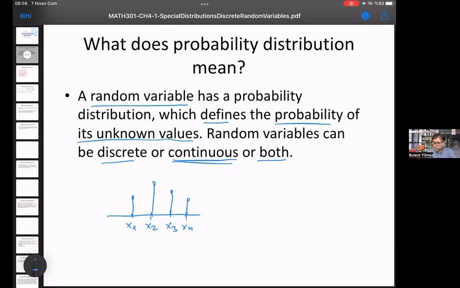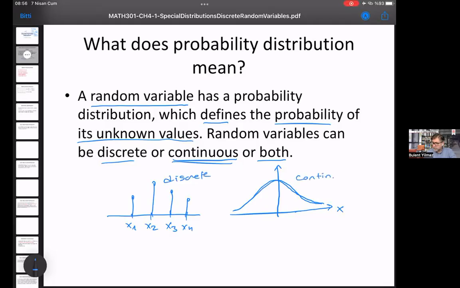Or for continuous random variables, I may have such a distribution. I won't have discrete values like 0, 1, 2, 3, but this time I will have all possible outcomes, and then each possible outcome will have a kind of probability, but the probability distribution will be continuous. It's not going to be discrete like this one, but it's going to be continuous.